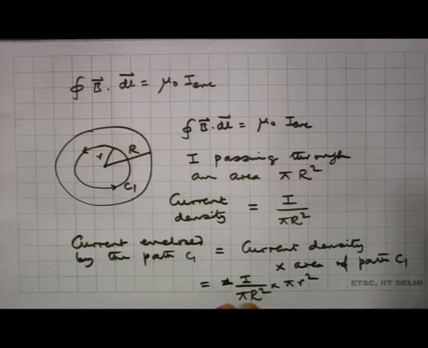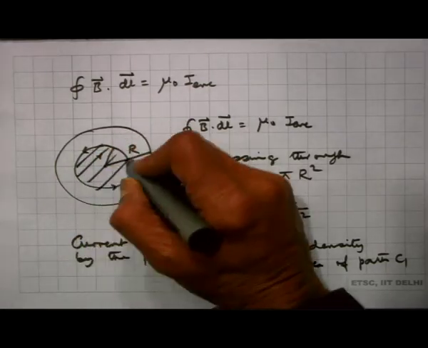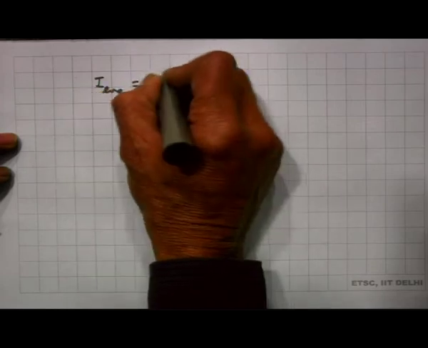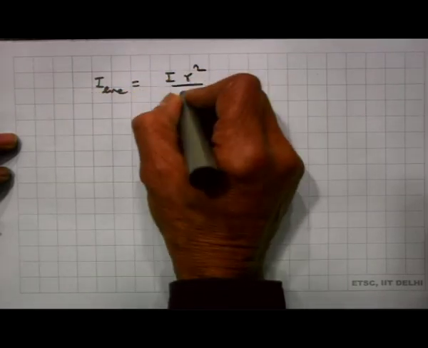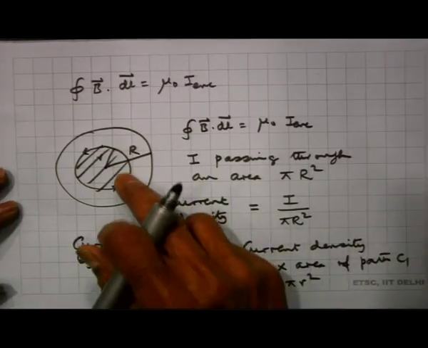I by pi R square is the current density multiplied by the area enclosed by the circular path here, and I get this. So, the current enclosed is I times small r square by capital R square.